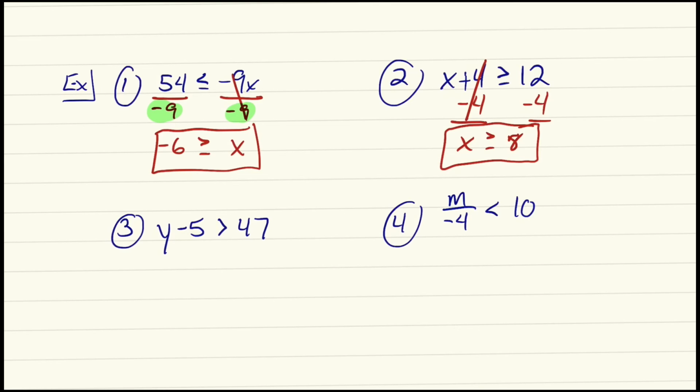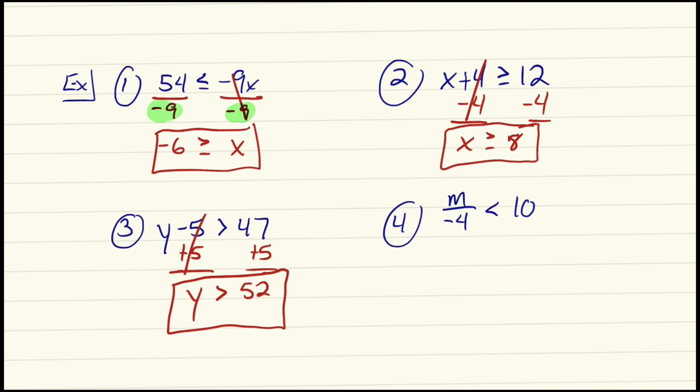Okay, number 3, we have y minus 5 is greater than 47. So we have minus 5. I do the opposite by adding 5, leaving me with y on the left-hand side, 52 on the right-hand side, and since we're only adding, we don't have to worry about the special rule. Moving on to number 4, we have m divided by negative 4 is less than 10.